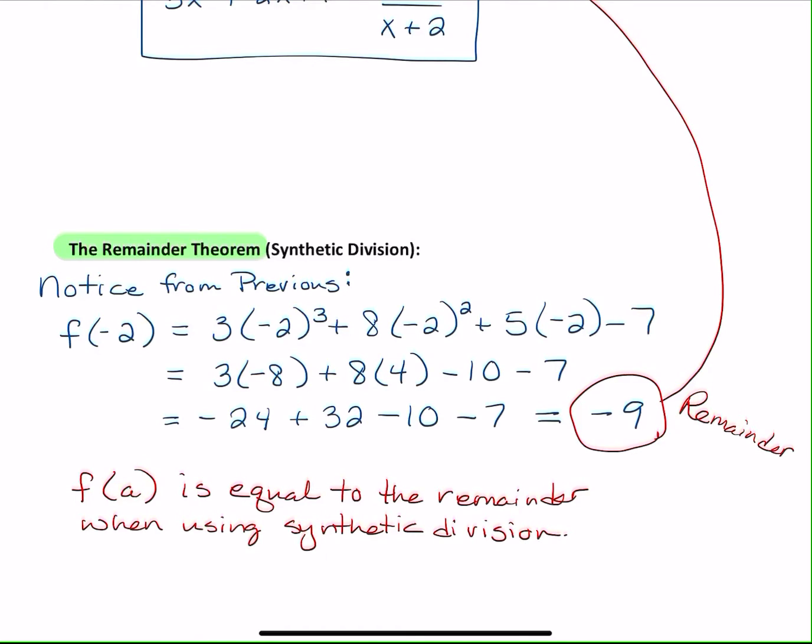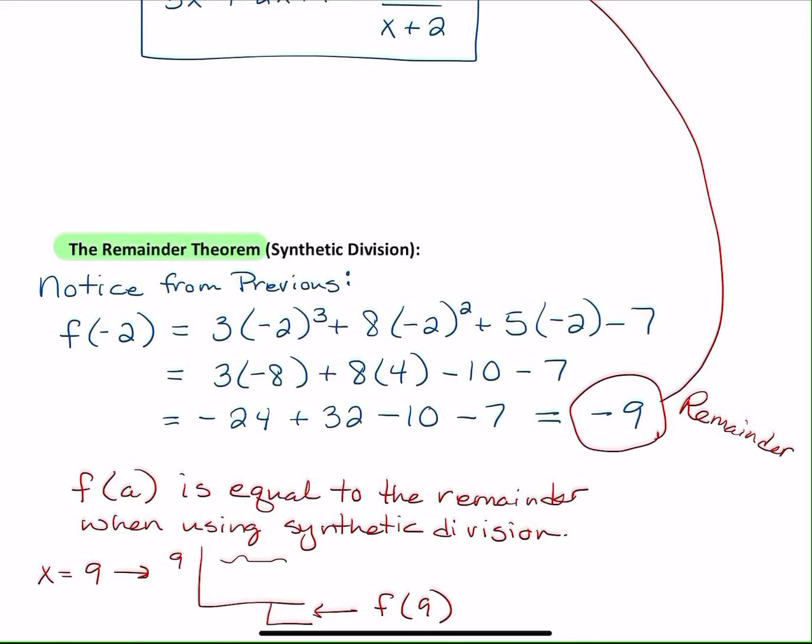So what that means is I can pick any x. So if I wanted to say x equals 9, I could use synthetic division with the 9 out to the side, and whatever my remainder is would be equal to f of 9.